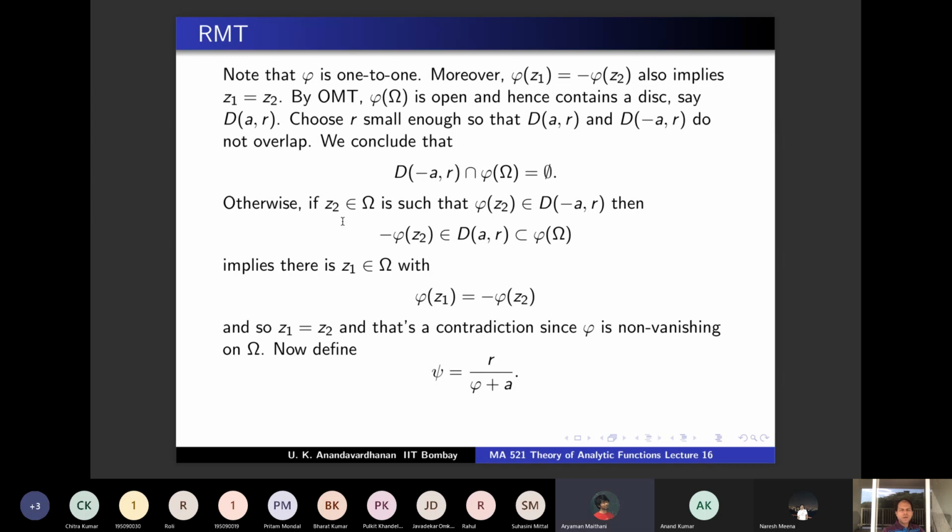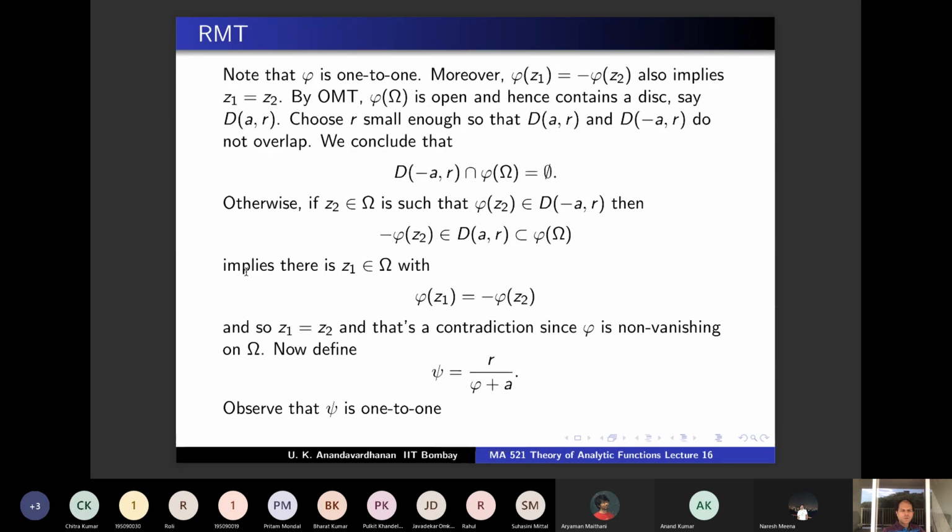Because we have that mod of phi minus minus a is greater than or equal to r. Anyway, it's the same idea: because of openness, on the boundary also you cannot have a common point. So this is valued in U.